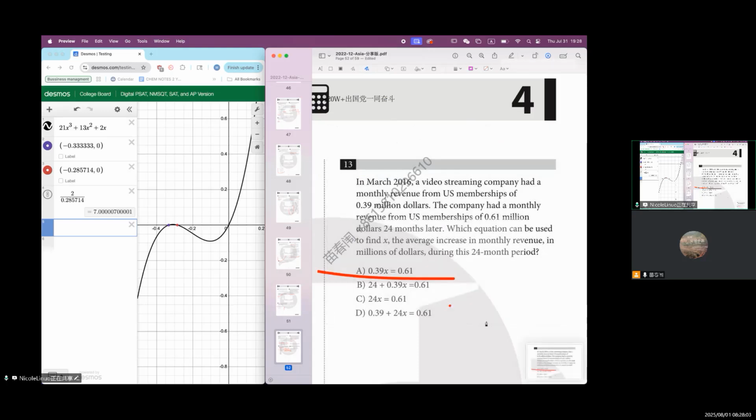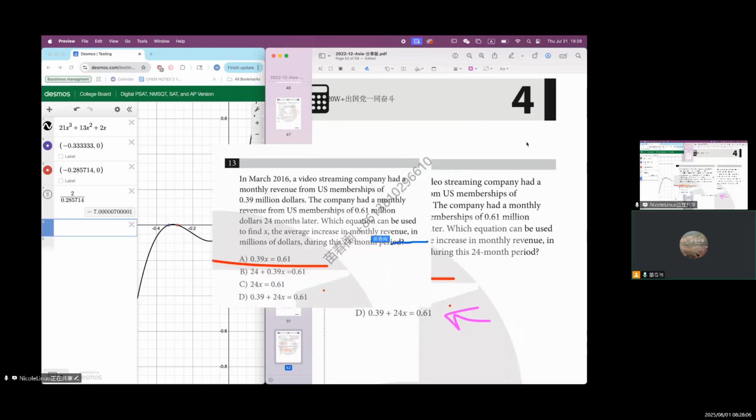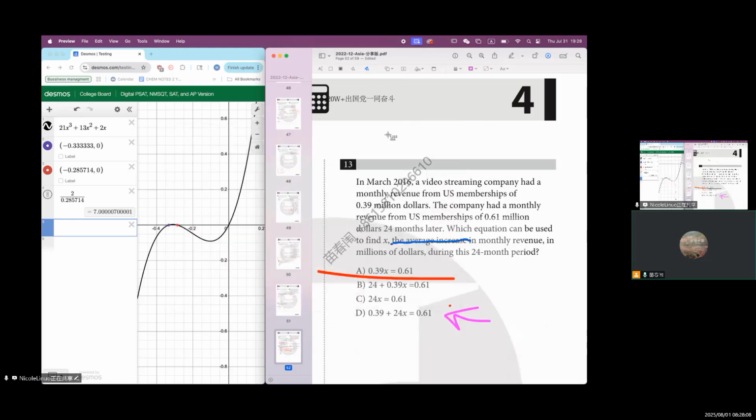Probably memorizing this expression will also help: the average increase in monthly revenue, for every month, and for some total value.